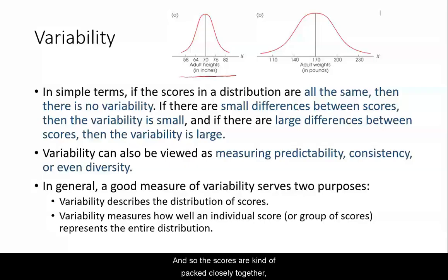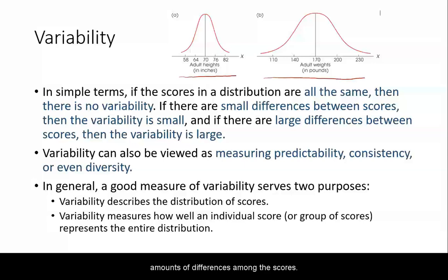And so the scores are kind of packed closely together, making a really tight description: everybody's height is pretty close around the center. Versus weight, there's a much bigger range of numbers to deal with. So example A would be relatively low variability, or low amounts of differences among the scores. And B would be relatively high variability, high differences between the scores.